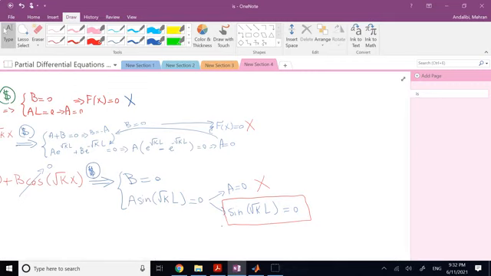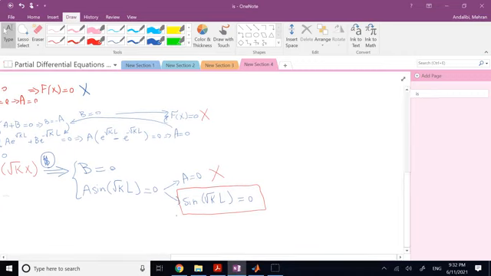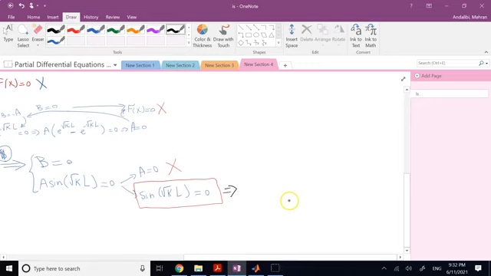And what does that mean? Well, what values have sine equal to 0? As you know, only integer multiples of pi, 1 pi, 2 pi, 3 pi, 4 pi, could have sine equals 0. So this square root K times L should be like n times pi, where n is like 0, plus minus 1, plus minus 2, etc.